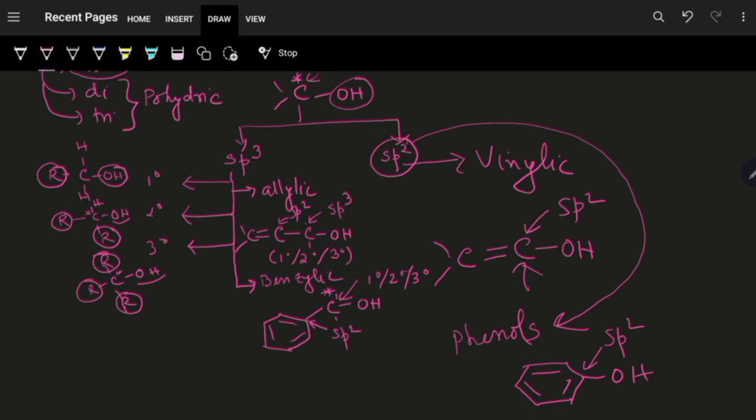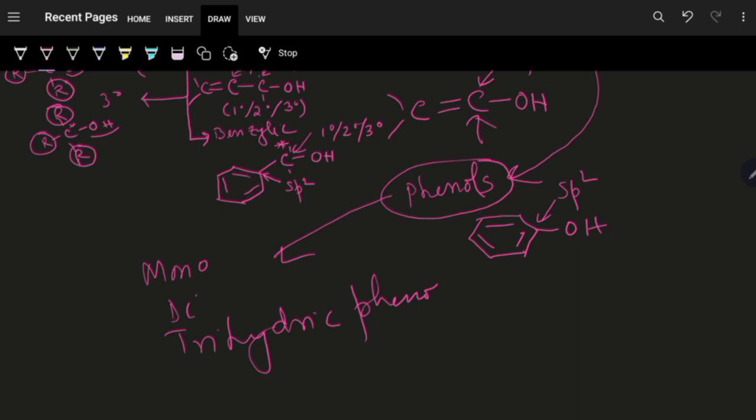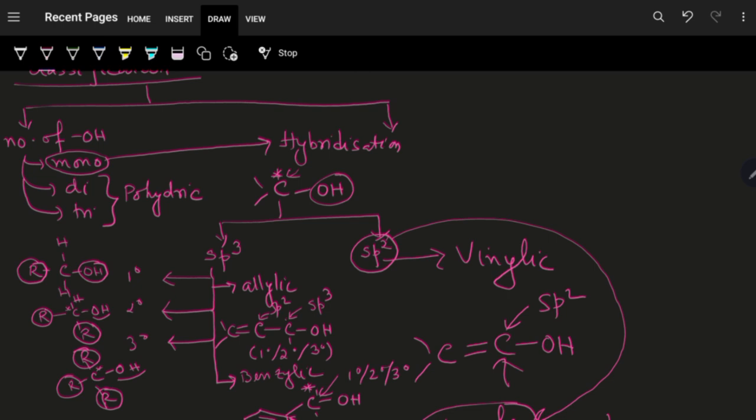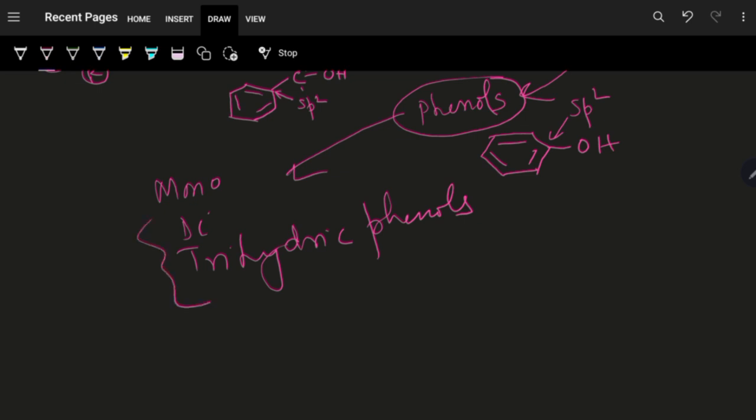It's not an alcohol. These phenols can be mono, di, or trihydric phenols, depending on how many OH groups are attached. Just like in alcohols, di and tri are known as polyhydric alcohols, so di and trihydric phenols are polyhydric phenols.